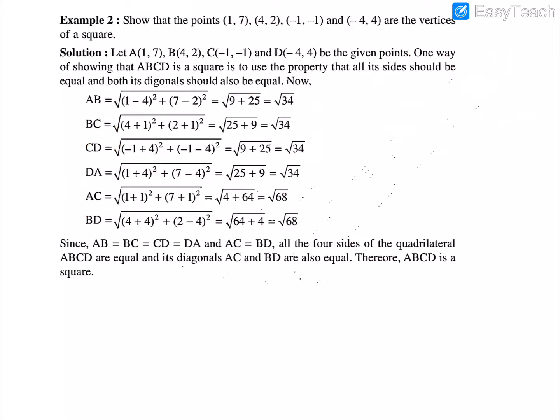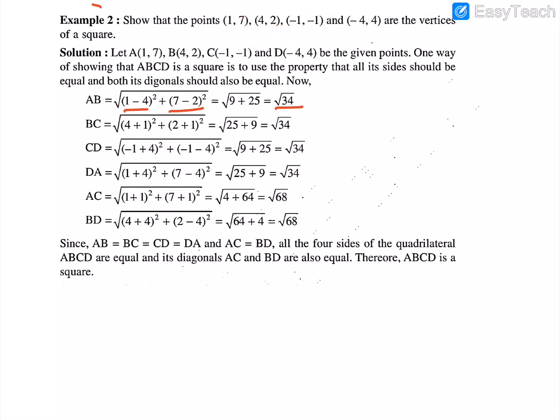Coming to the second example, show that the points are vertices of a square. Let us call them A, B, C, D. Let us find the distance between these two: 1 minus 4 whole square, 7 minus 2 whole square, root 34.